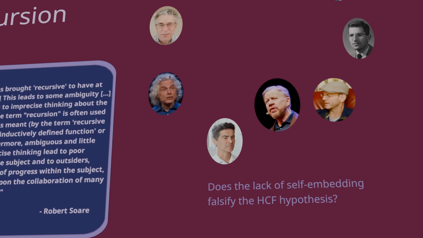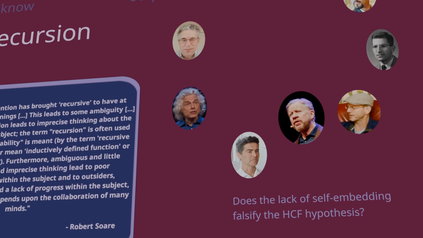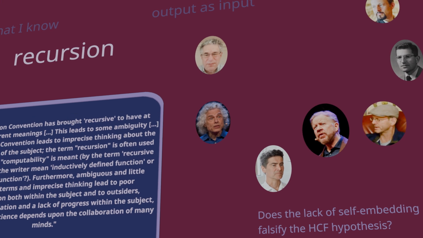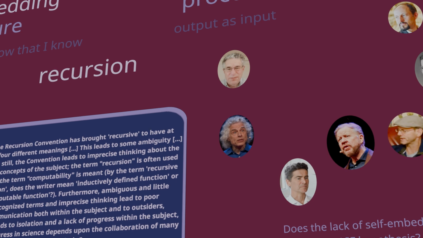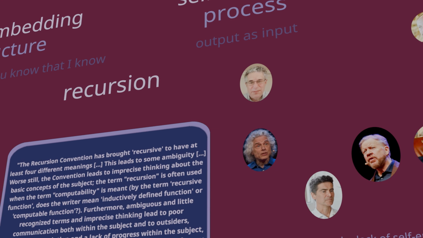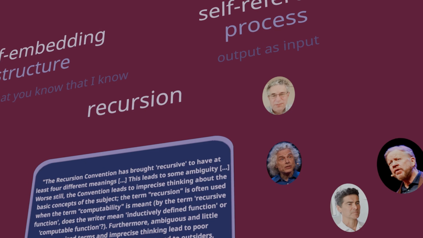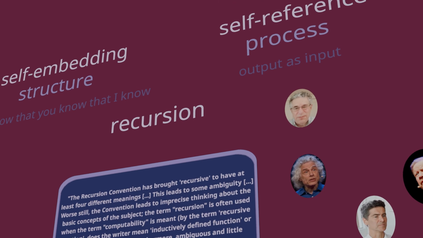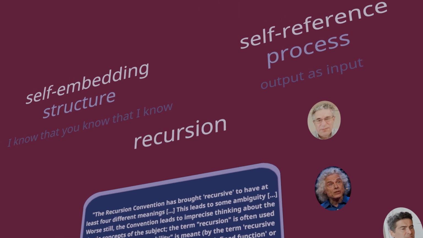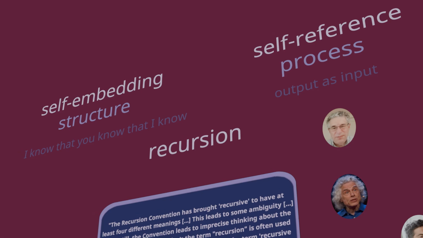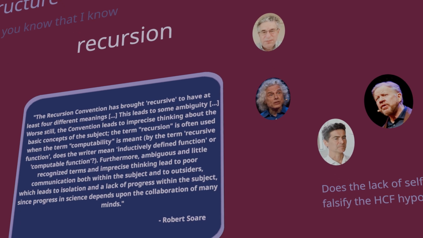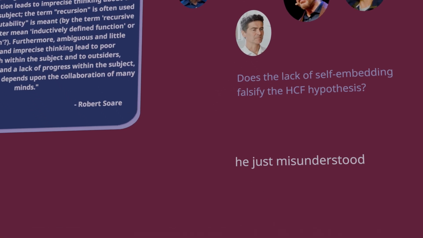Everett would end up arguing that, yeah, the lack of self-embedding in Pirahã does have consequences for the HCF hypothesis. On the face of it, there's no particular reason why the lack of self-embedding in Pirahã would falsify the HCF hypothesis. Remember, self-embedding is about structure, and self-reference is about process, which is why some linguists think that Everett was just confused by the two meanings of recursion.